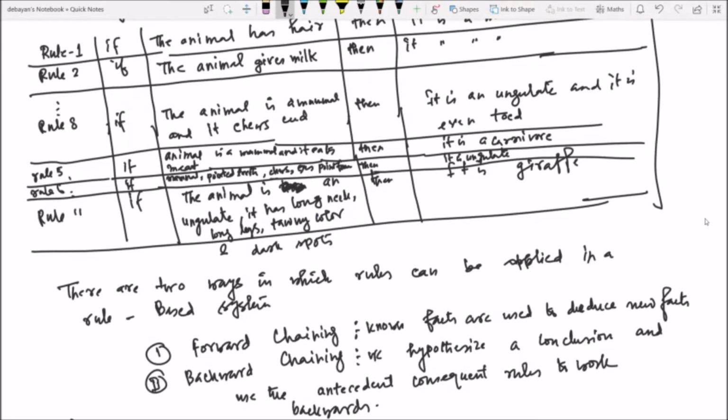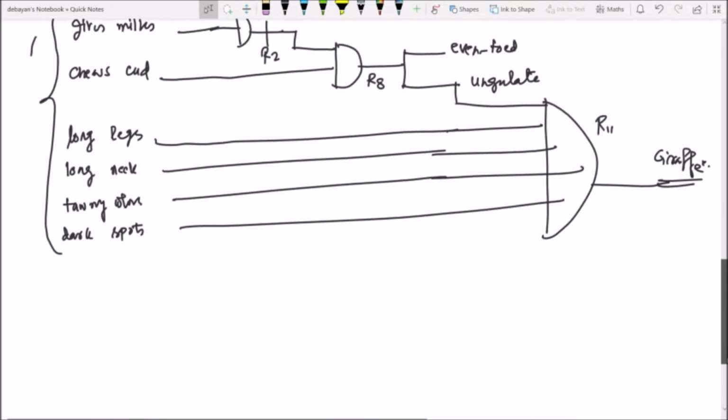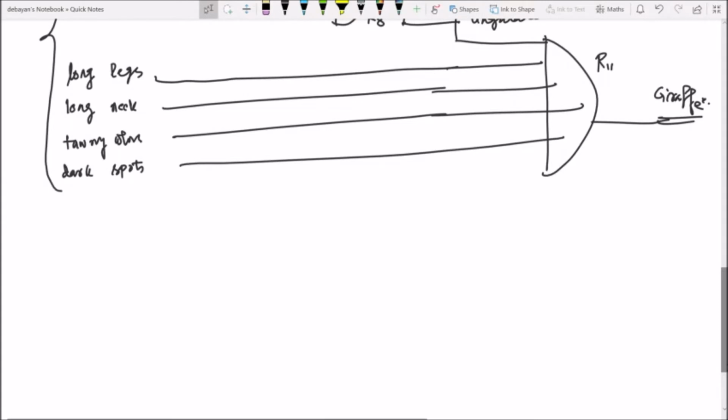So like that, if we take assumptions, unlike in forward chaining, this is backward chaining.